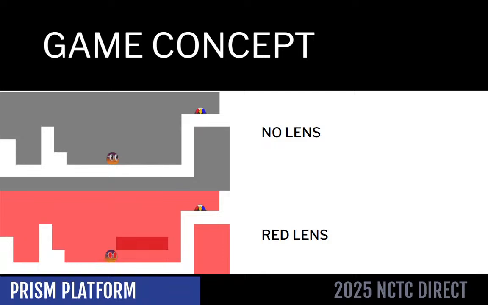As shown on screen, there are two pictures. One shows the level with no lens equipped, as the player is met with a seemingly impassable jump to make, until they equip the red lens, revealing a platform to allow the player to reach the goal.